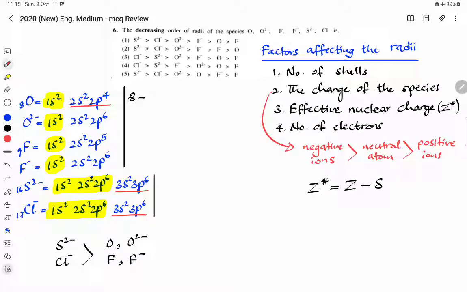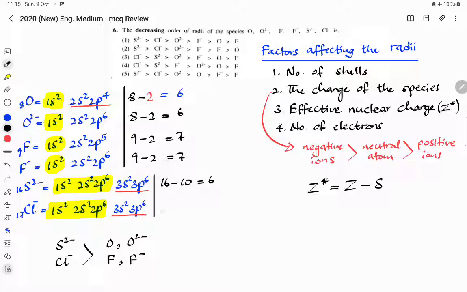So we have to subtract the number of inner shell electrons as the shielding effect. Now in oxygen it's 2, therefore it will be 6. The effective nuclear charge of oxygen will be 6. The effective nuclear charge of oxide is also the same here. It's also 6. For fluorine it's 9 minus 2, 7. For sulfide it's 16 minus 10.